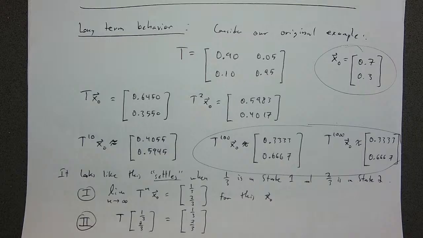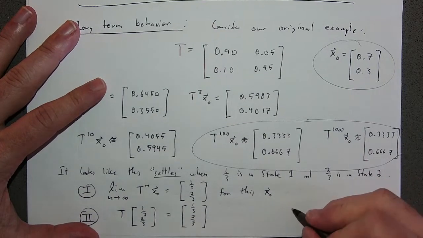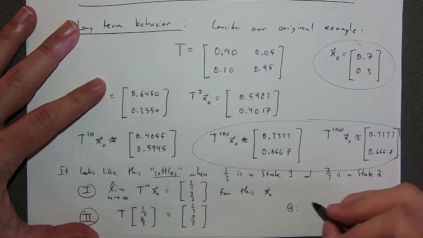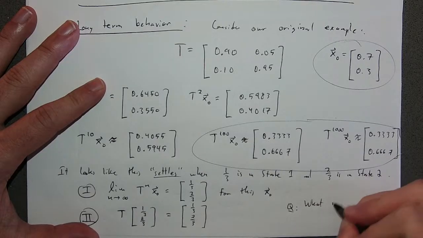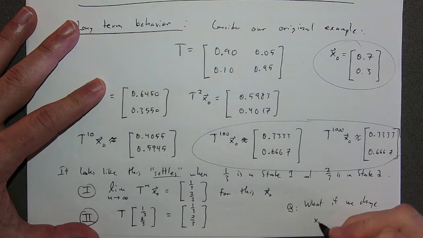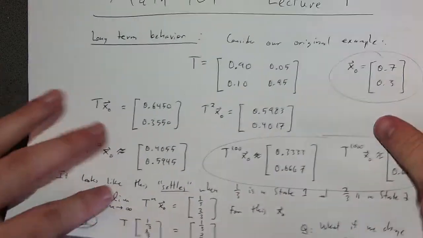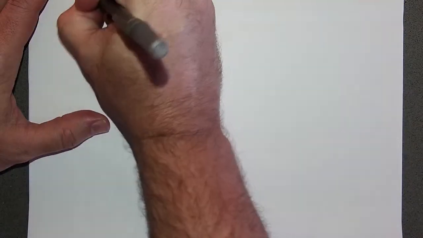Now, what if we tried a different x naught? Question: what if we change x naught? Well, let's repeat this example, changing that initial vector.